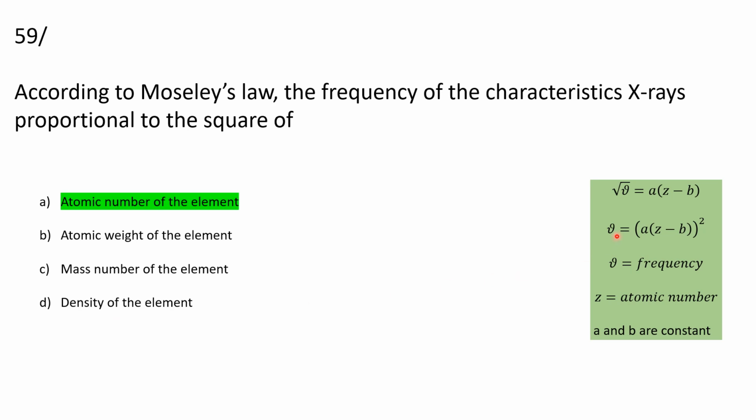So we know that this law says root over of ν is equal to A into (Z minus B), where ν is the frequency, Z is the atomic number, and A and B are two constants. So from here we can conclude that ν will be equal to A into (Z minus B) whole square. So the frequency is directly proportional to the square of the atomic number of the element.